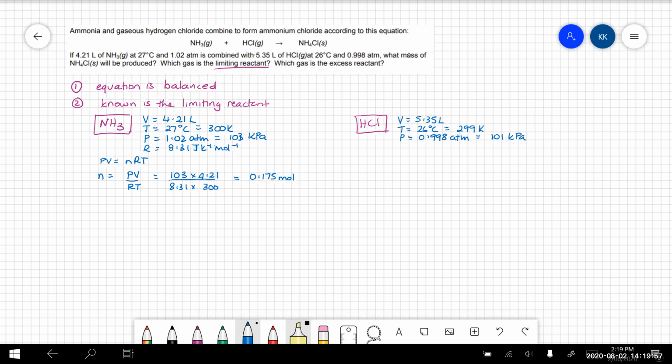R is 8.31, and moles is PV over RT. Pressure 101 times by volume 5.35 over R 8.31 times by temperature 299. Number of moles calculated is 0.218 moles.